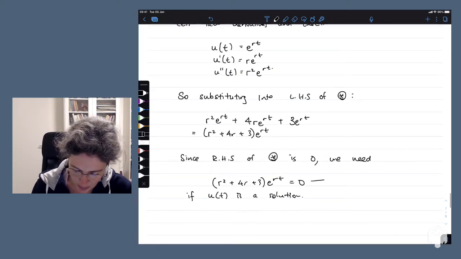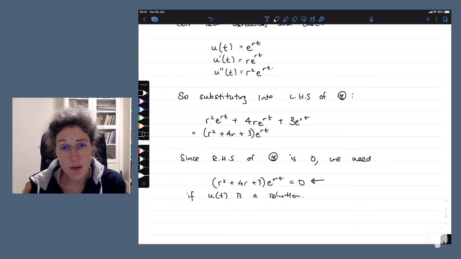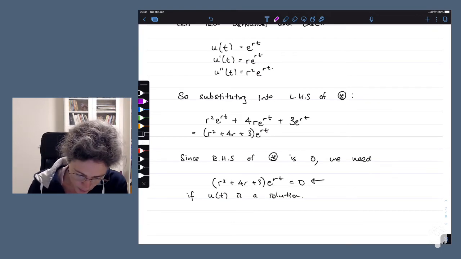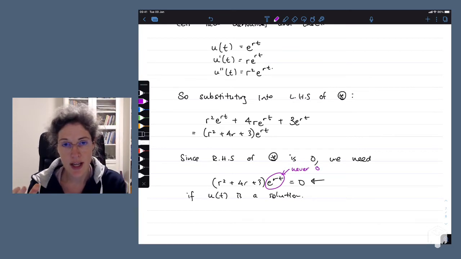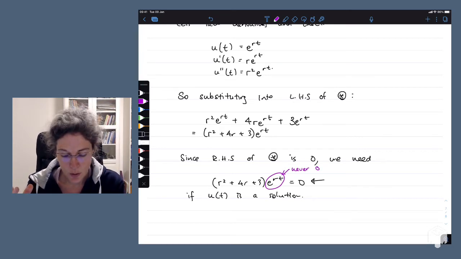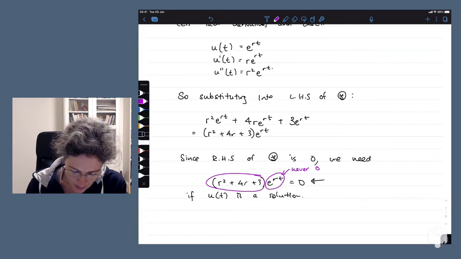But if you have a look at this equation over here, now e to the rt can never be equal to 0, because even if t is equal to 0, then that term is just 1. So over here, this is never 0. So the only way that we can have our u of t that we've posited being a solution is if this term here, our r squared plus 4r plus 3, is equal to 0.